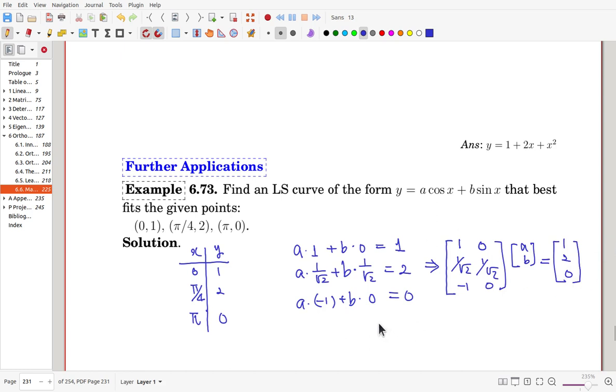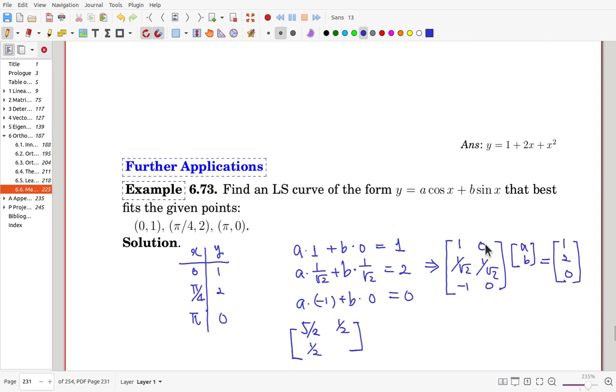Again, we can use the method of normal equations. So the normal matrix must be a 2 by 2 matrix. The dot product of the first column with itself is 1 plus half plus 1, so 2 plus half, that is 5 over 2. And the dot product of the two columns must be half, and we know that it's symmetric.